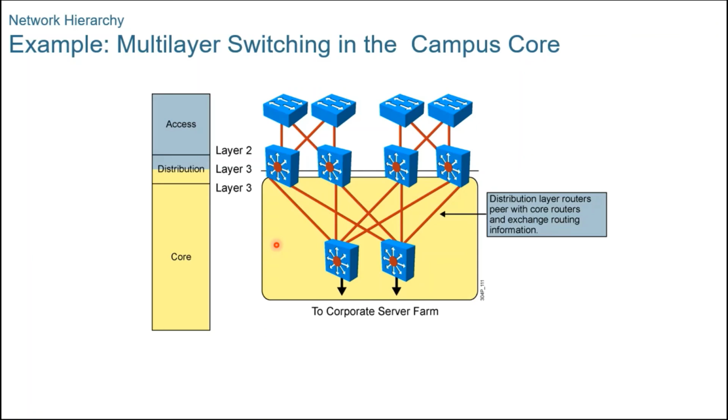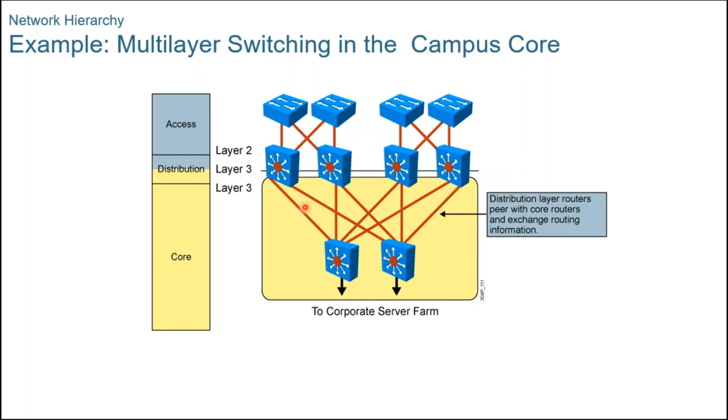The figure shows an example of layer 2 switching in the campus core. In the figure, a typical packet between access sites follows these steps. Step 1, the packet is layer 2 switched towards the distribution layer, the distribution switches. Step 2, the distribution switch performs multi-layer switching towards a core interface.